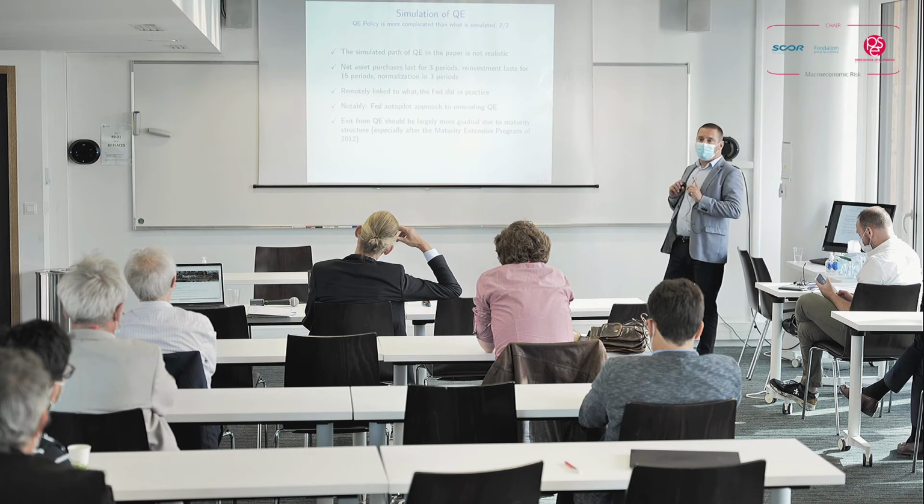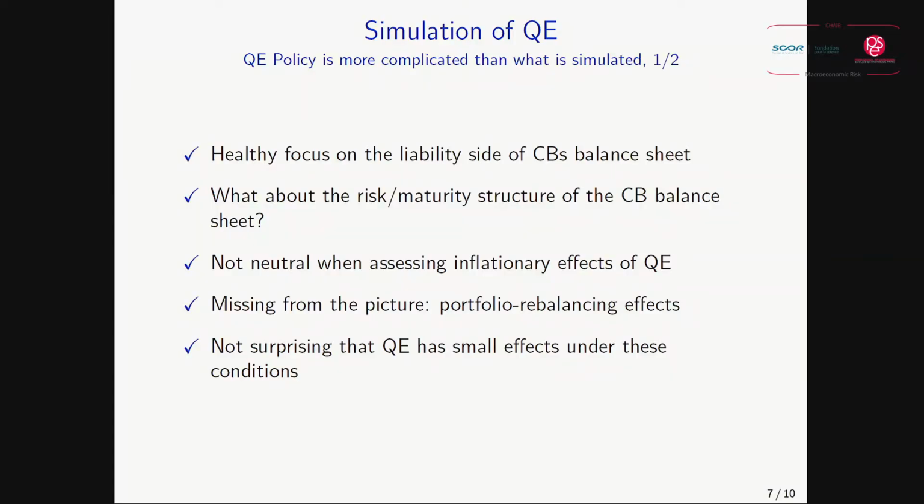I believe that the simulated path of QE is particularly unrealistic. So basically, you've got net asset purchases for 3 periods, then a reinvestment period for 15 periods, and then unwinding in 3 periods. Back in 2012, the Fed implemented what is called a maturity extension program.